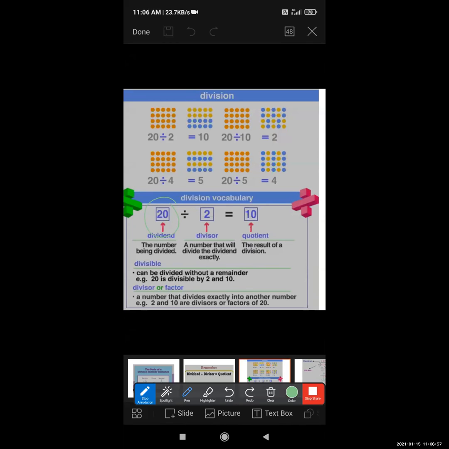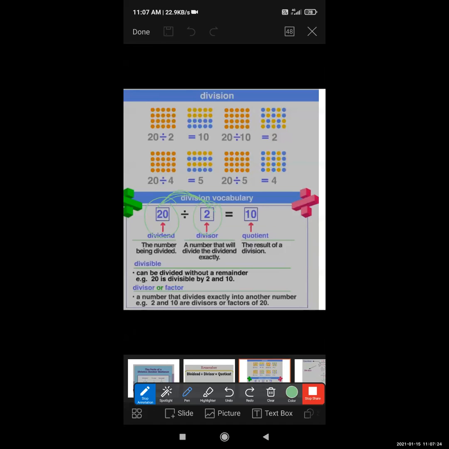So now, dividend 20 is your what? Dividend. After that, one sign is given, and again one number is given to you. That is the divisor: a number that will divide the dividend exactly. This means the relation between these two numbers, dividend and divisor.